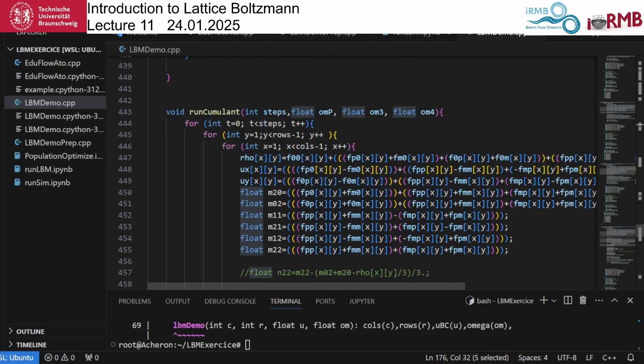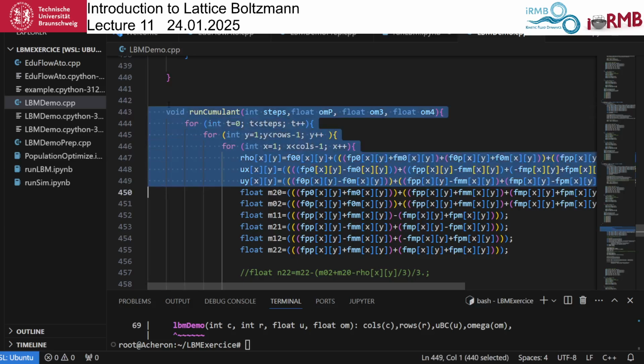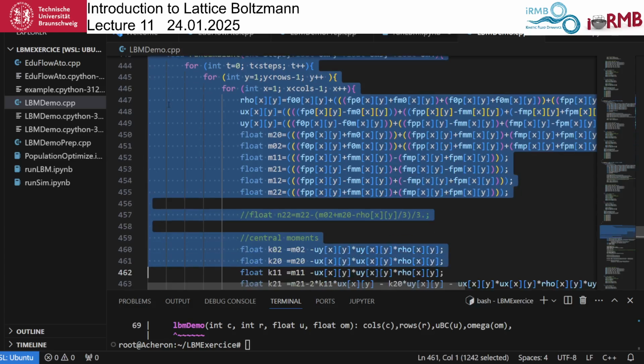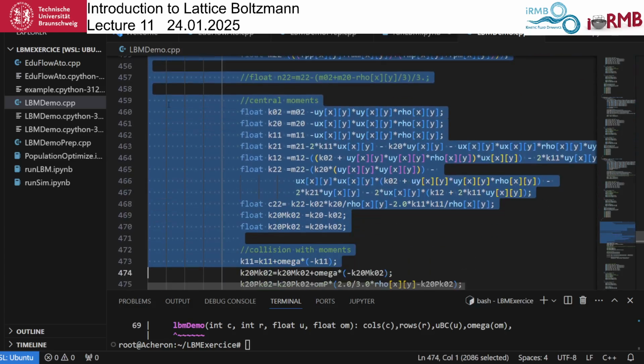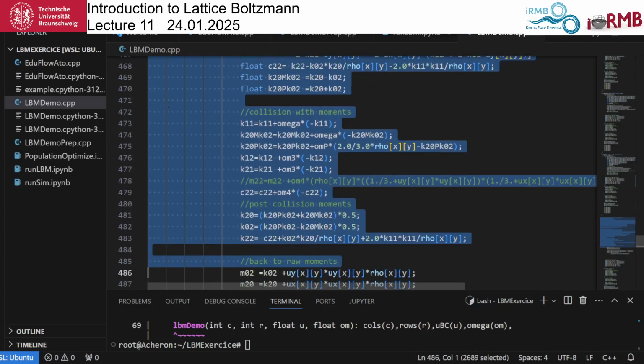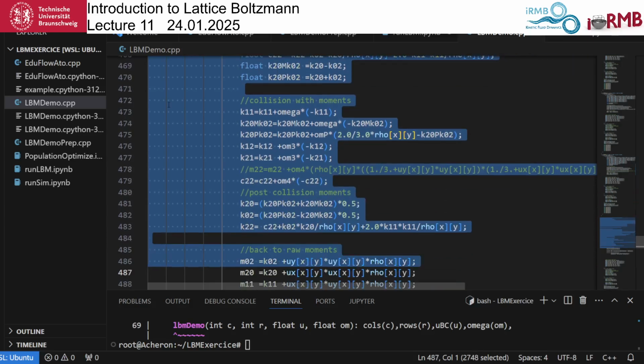Okay, so what we are going to do is, the code has become pretty long now. We're picking up the cumulant kernel that we had. Maybe I'll do this a little bit differently now.